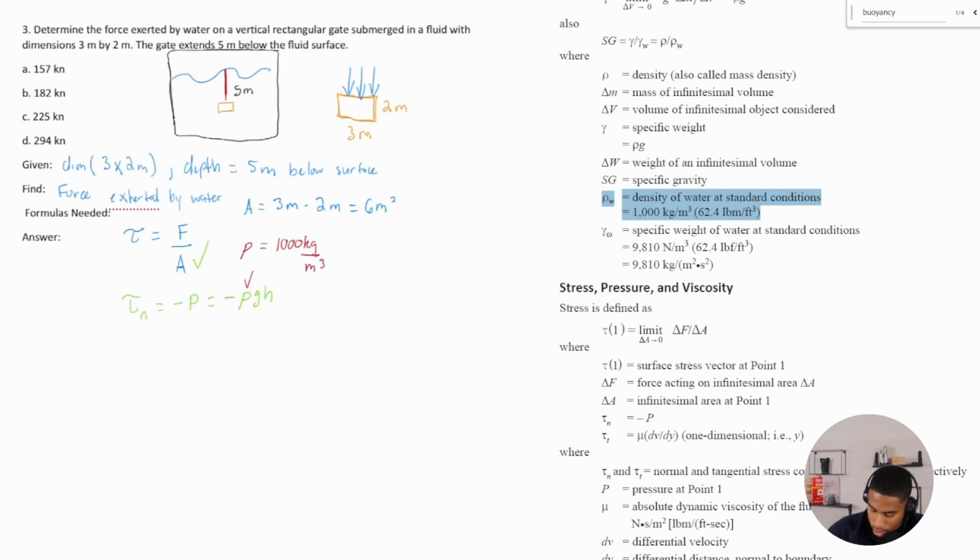What about g? g is gravity, just 9.81 meters per second squared. And what is h? h is our depth below the surface, which equals 5 meters. All right, so we have all the things that we need. And now it's just a matter of plugging and chugging to get our negative P.